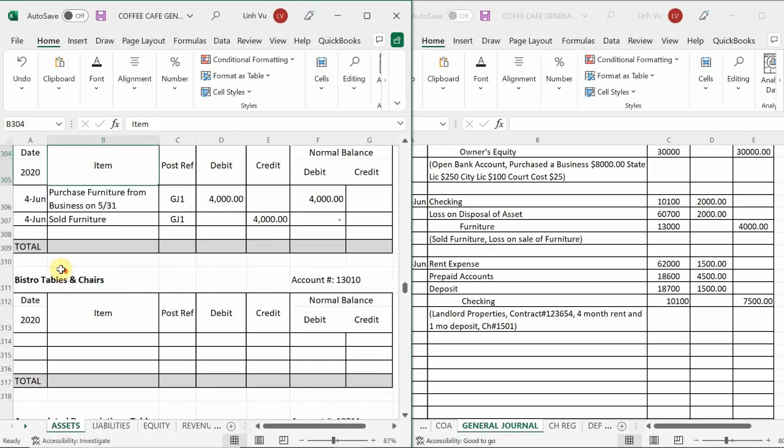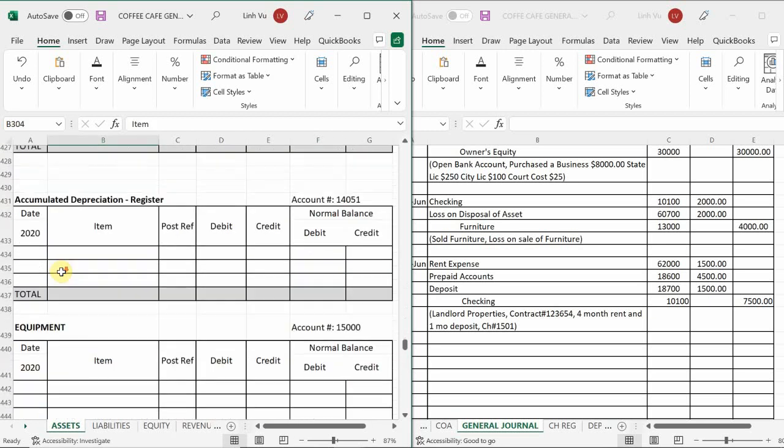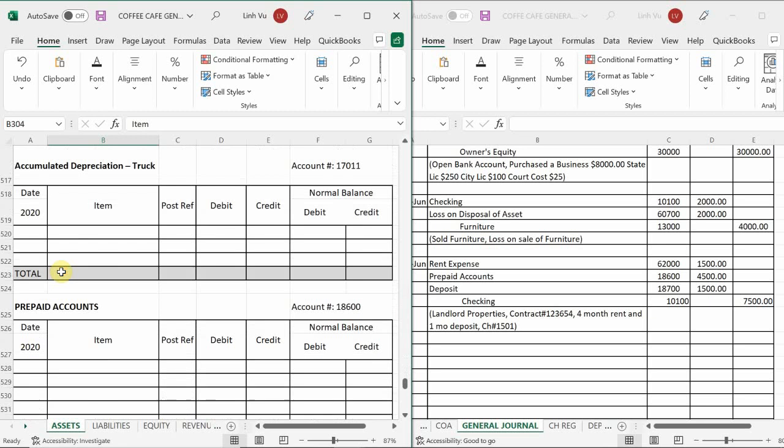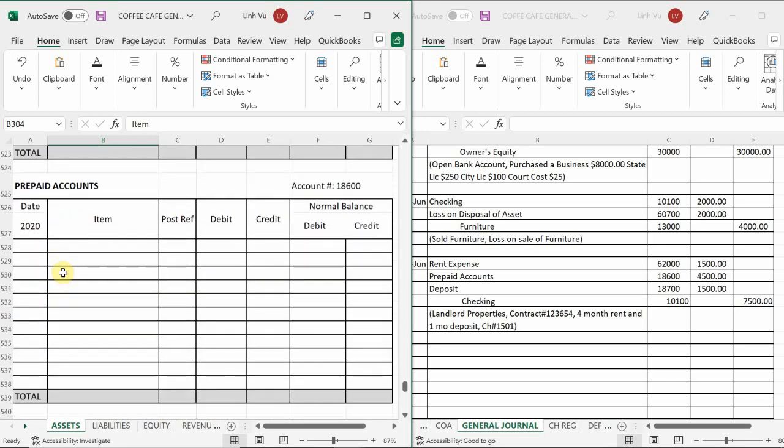So in this case, it's going to be under your intangible assets, which is going to be in the very last section, prepaid accounts right here. Today is the 5th. What are you going to put here? 3 months of rent paid in advance.